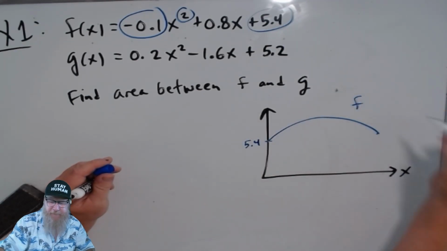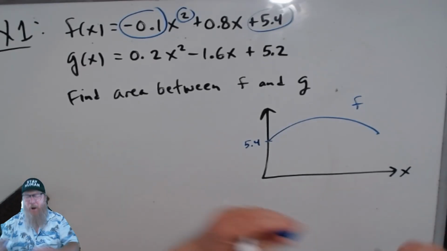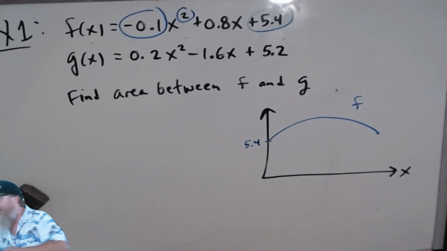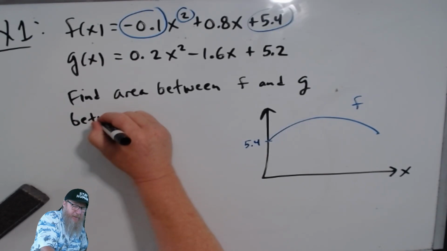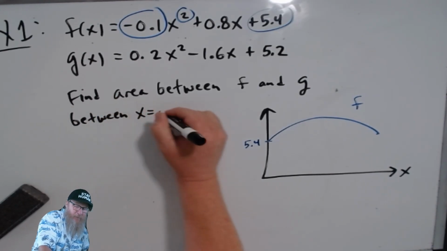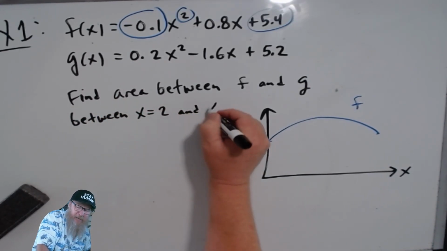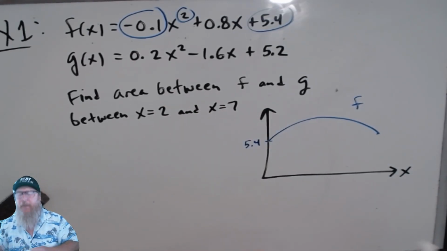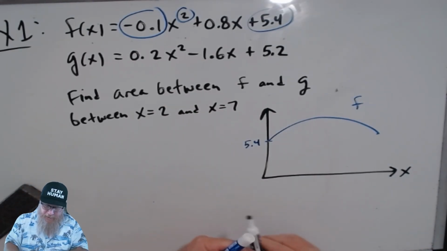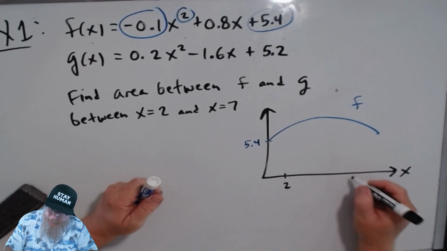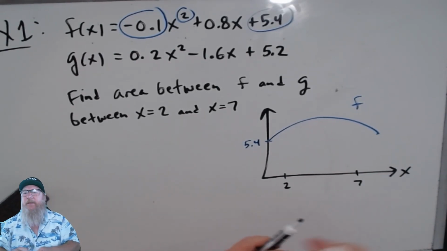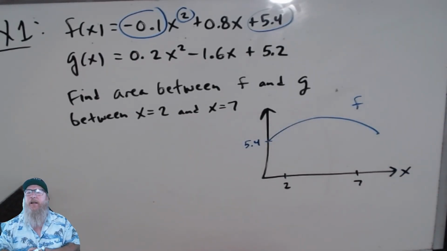So there's f. Oh, I forgot to say a and b. Between x equals 2 and x equals 7. Now we're done with the setup. So we're going to start here at 2, and we're going to go all the way to 7. So that's essentially what f looks like.